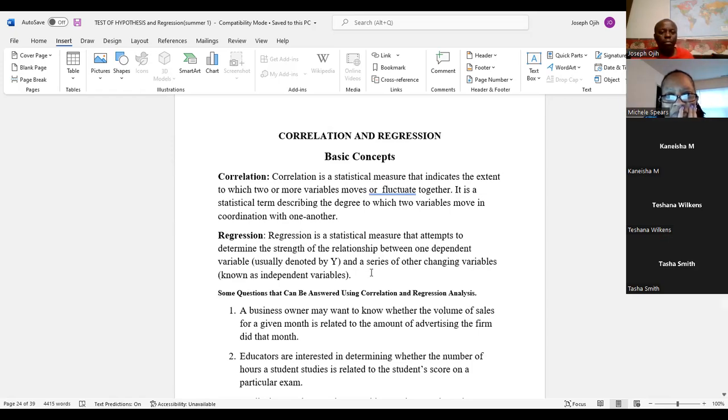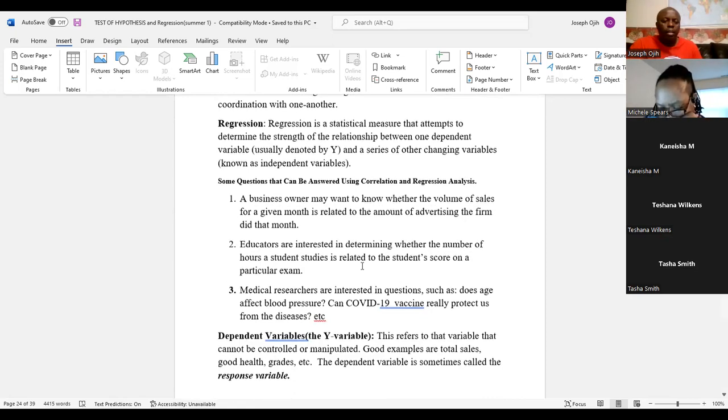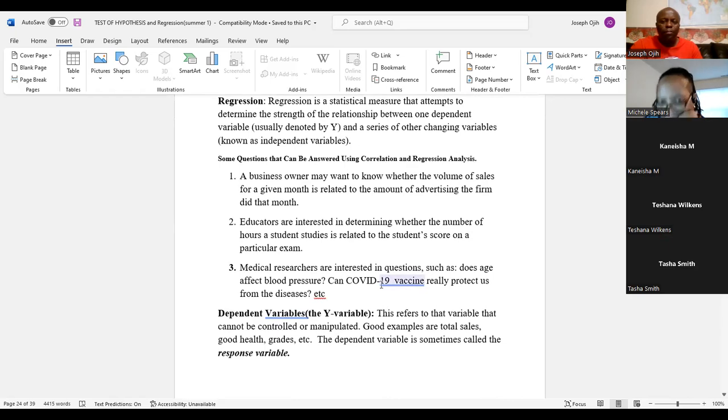So, for example, a business might want to know whether the volume of sales they receive is based on the advertisement that they did, or an educator might want to know if the number of hours students spent in their studies can affect their grades, or maybe boost the grades, or make the student receive a higher grade.